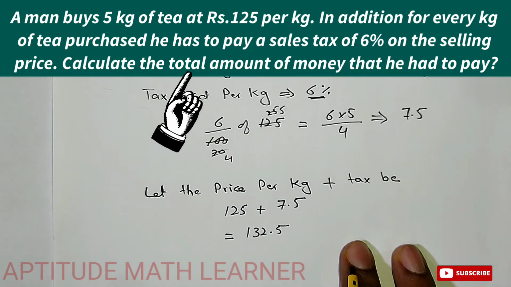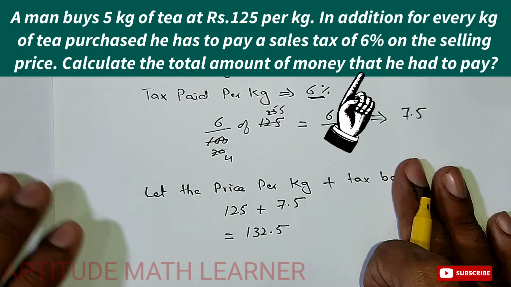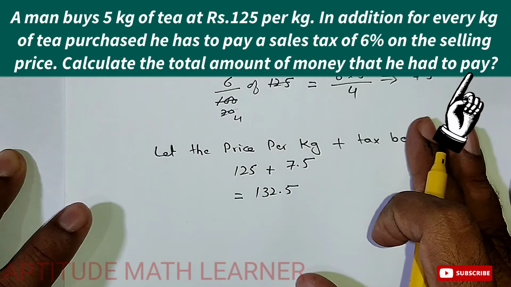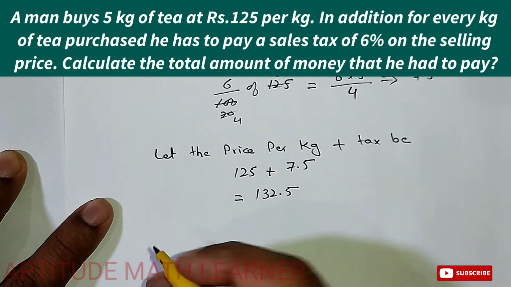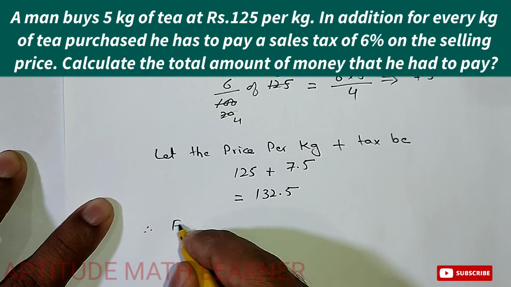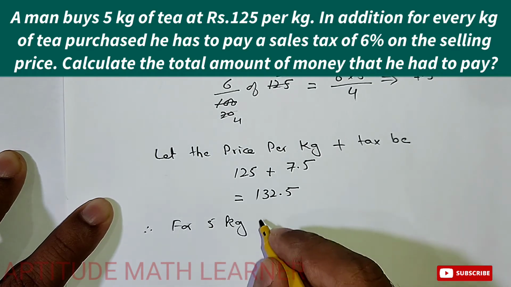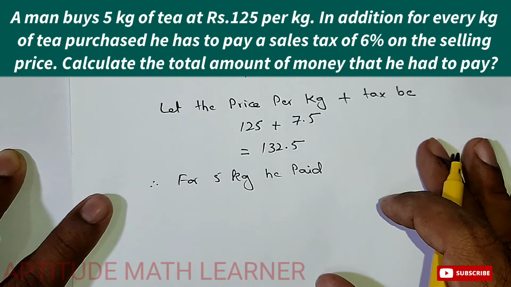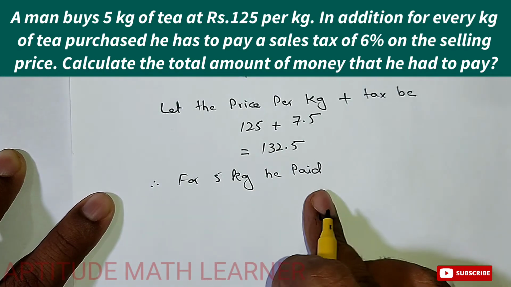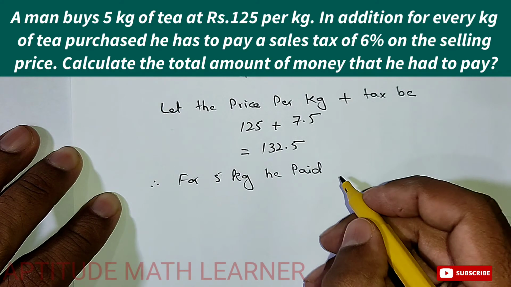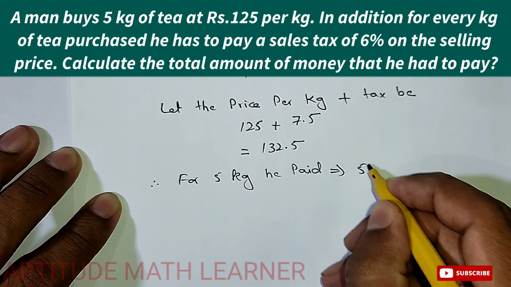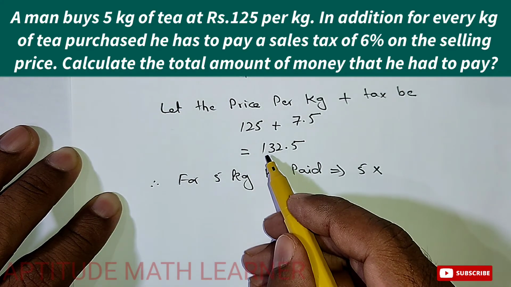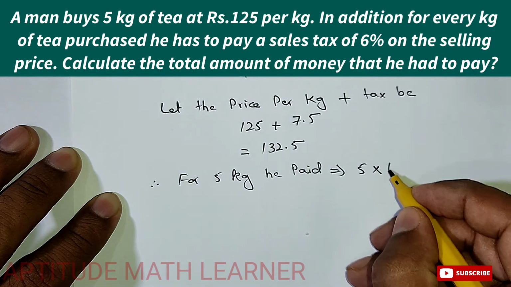And how much will be the total amount? So for 5 kg, how much did he pay? That is 5 multiplied by 132.5.